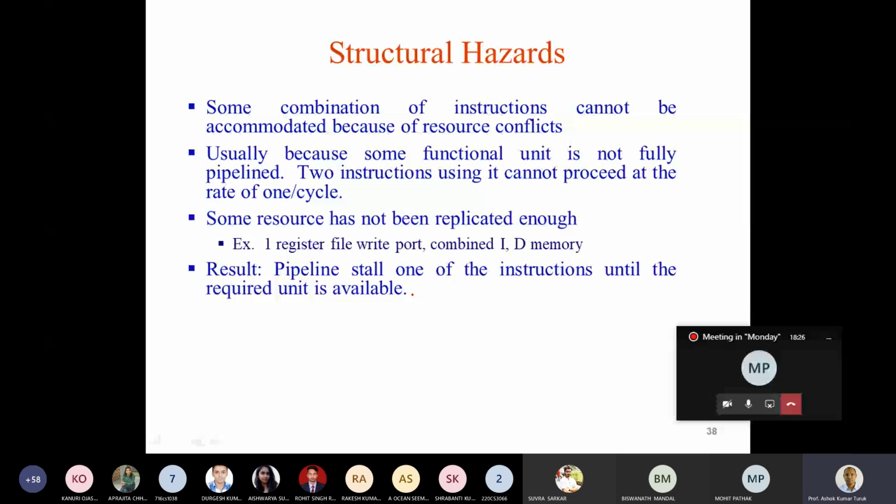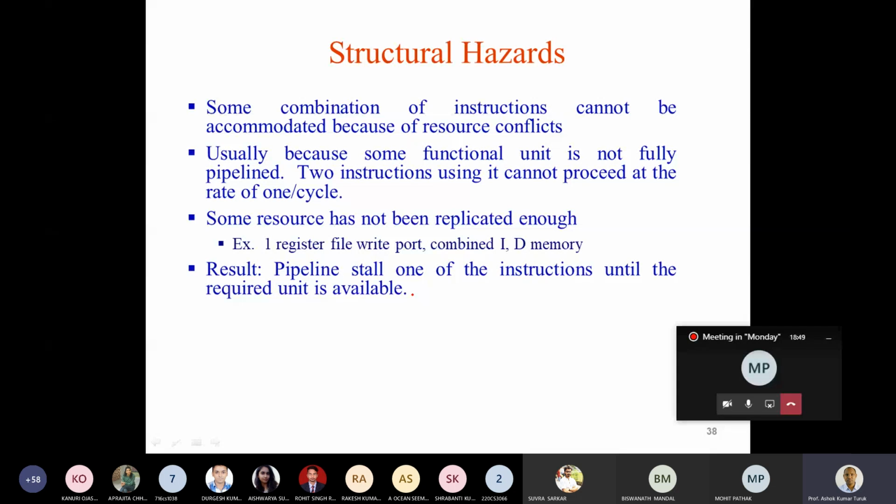If a conflict in the resource takes place, then the pipeline has to stall one of the instructions until the required resource is available. So two instructions cannot proceed in the same clock cycle.